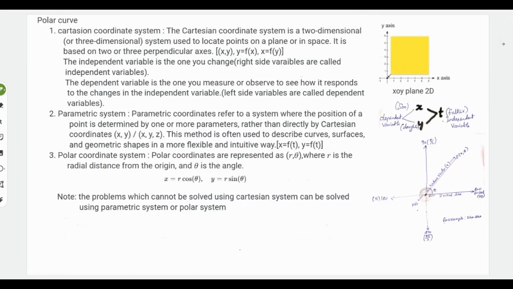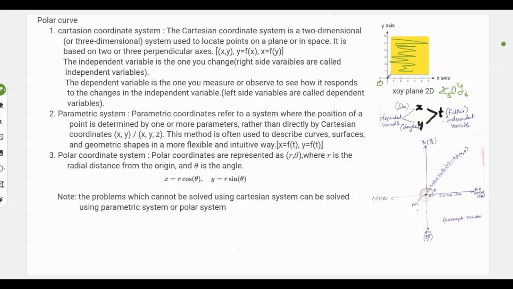Moving on to the next one, polar curves can be represented in different ways. First is the Cartesian coordinate system, where we have origin O, x-axis and y-axis, and the point is placed here, and this is called a plane. We can write it as the xy plane in 2D geometry.